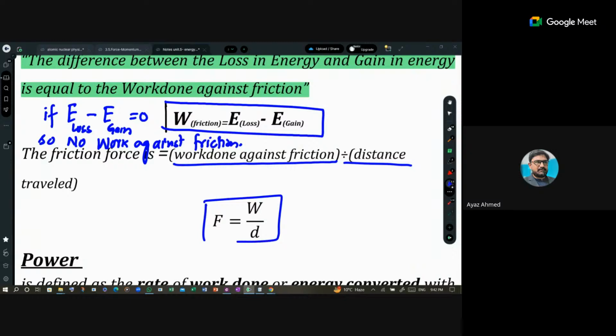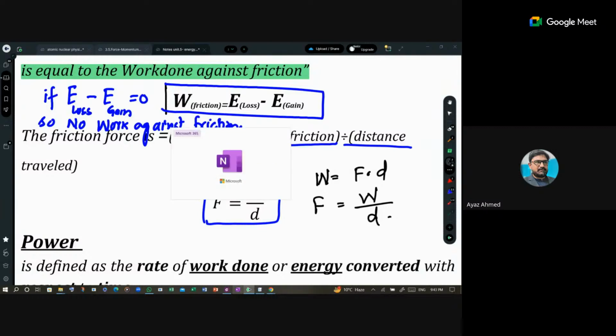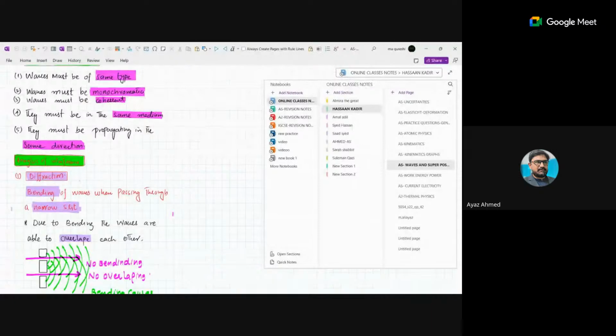Work done is equal to F into D, and when we are talking about friction force, that is equal to work done against friction divided by D. So let's say I have a body moving down the hill due to some reason.